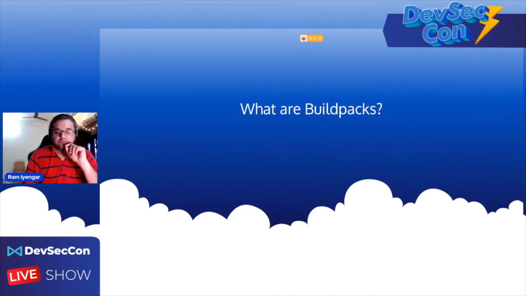Now, if it's 10 years old, you might wonder, why are we talking about it today? What has happened in the past 10 years is the tools are seeing a form of resurgence, in that they have become container first, and they've been redesigned for a cloud native era from the ground up.